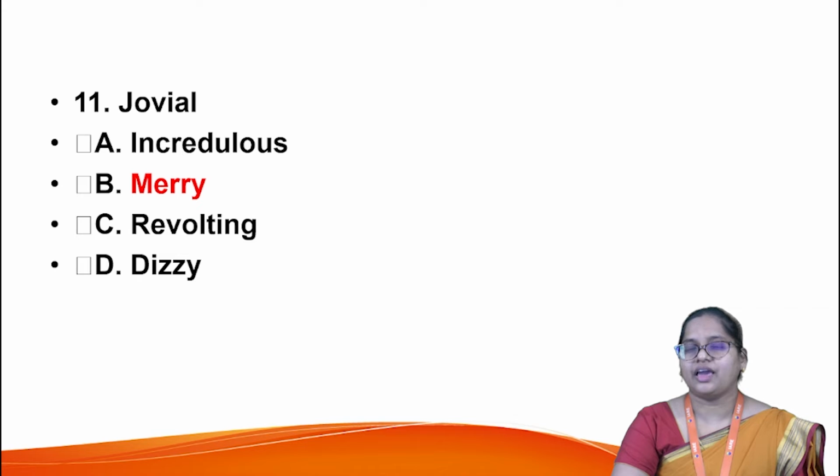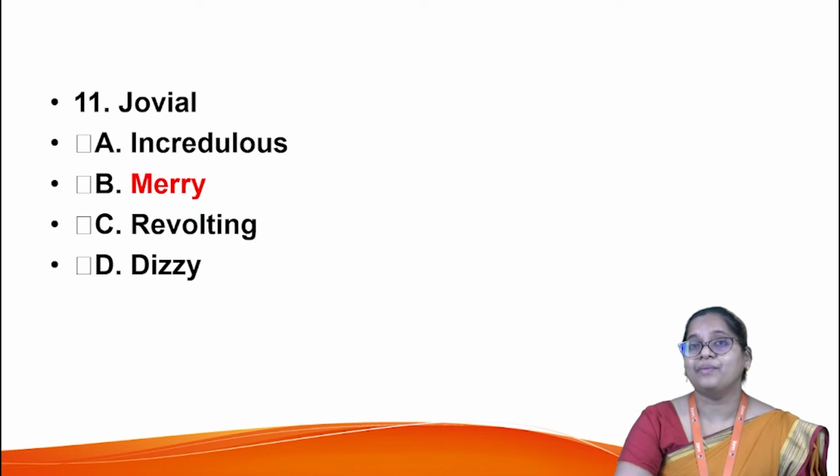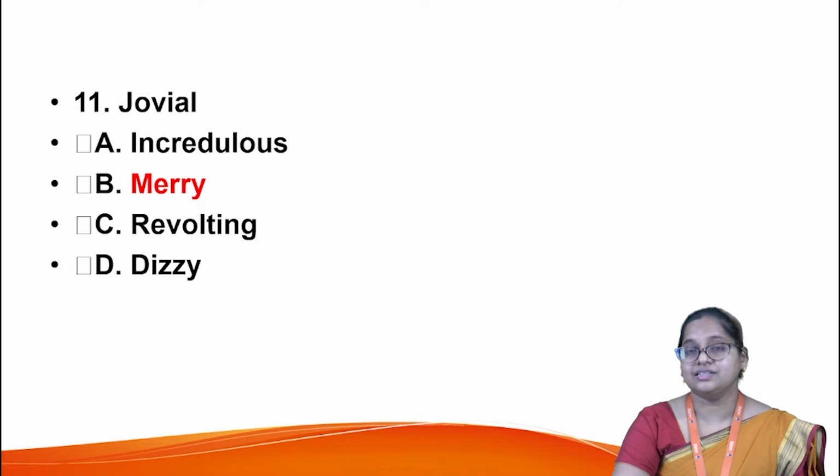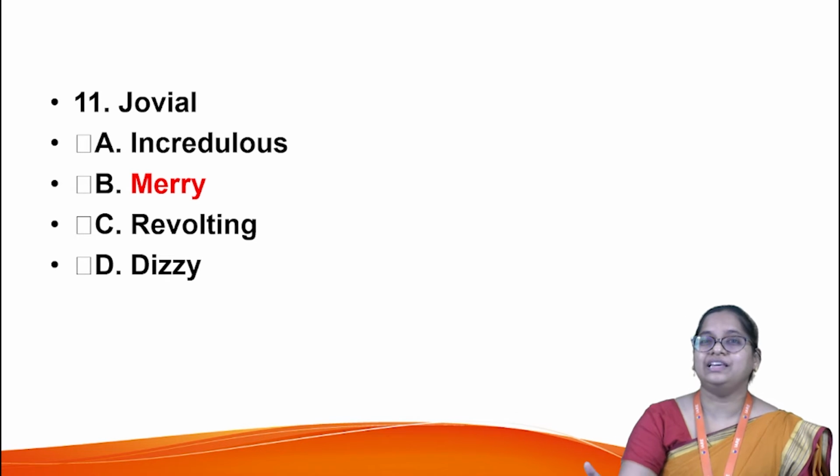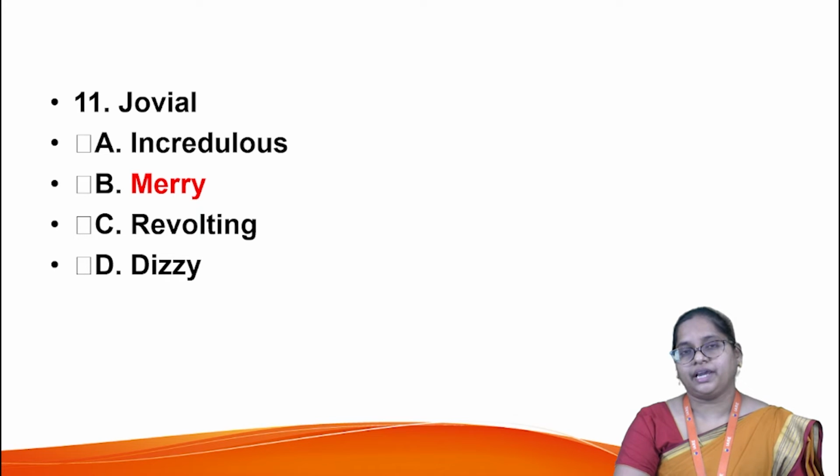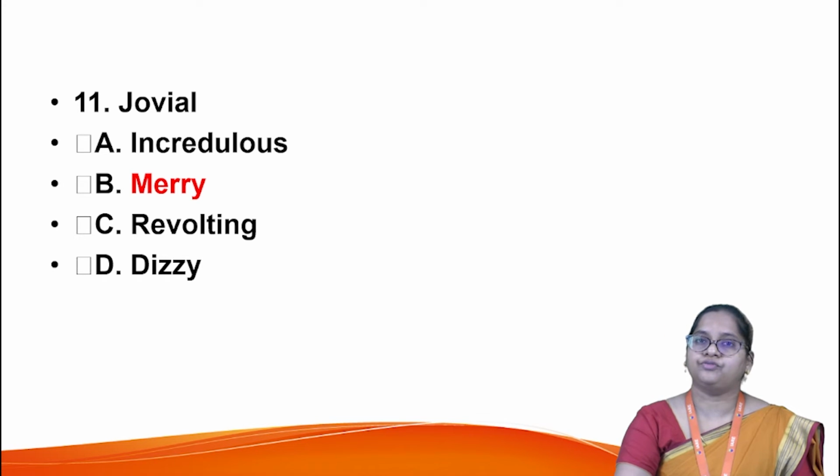Jovial is very easy. Options given are A, incredulous, B, merry, C, revolting, D, dizzy. So what is incredulous? Incredible is different, it's something unbelievable. A credulous person is someone who believes so easily, without any ray of doubt.